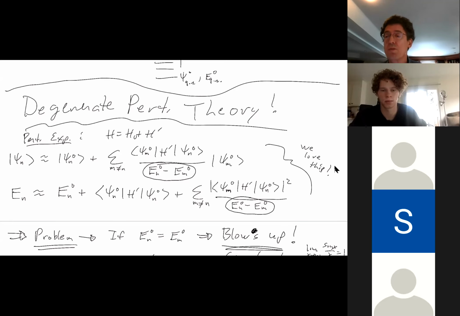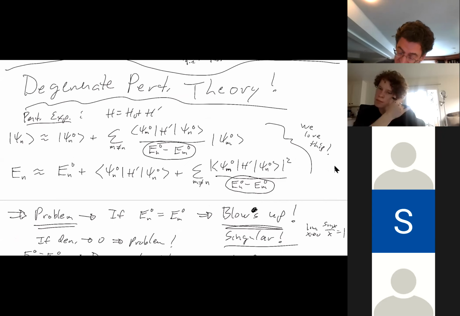What's the nicest thing that could happen to you? Like when you do the psi m0, h prime, psi n0, they end up being 0. Yes, exactly. The nicest thing that could happen to you is if the numerator is 0.